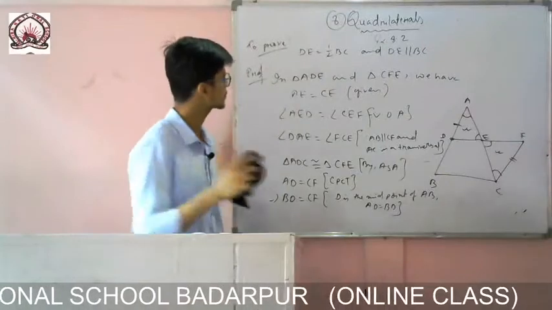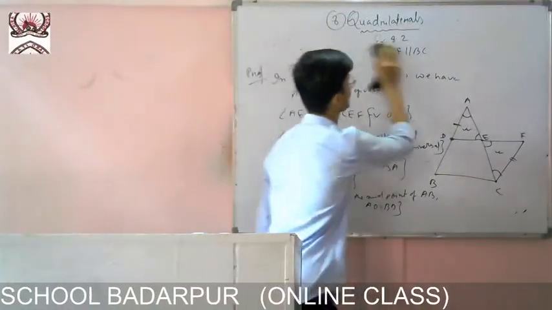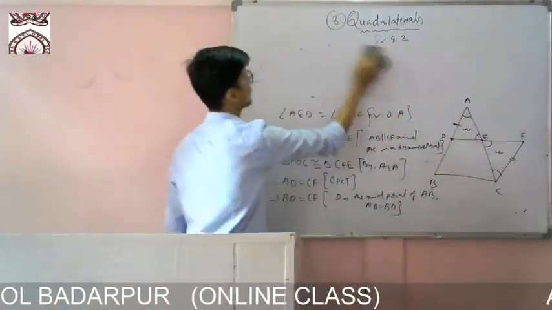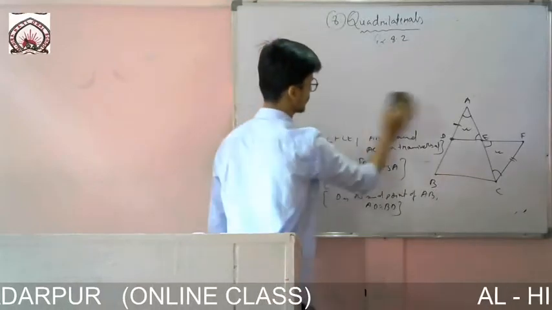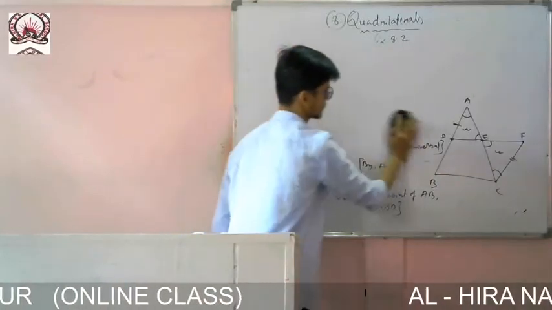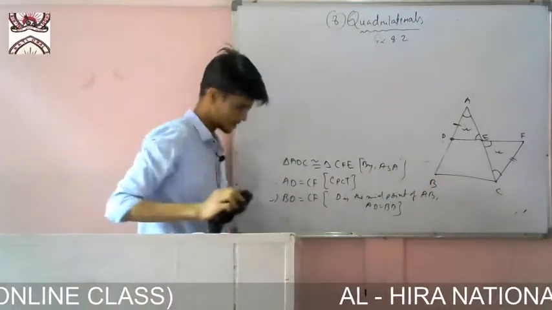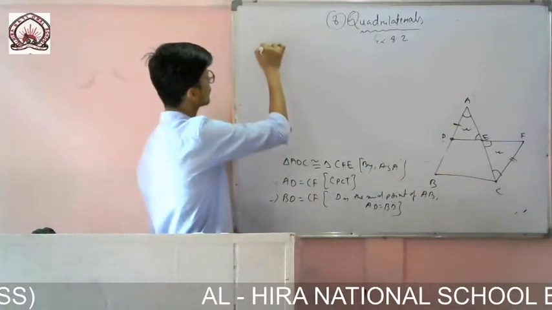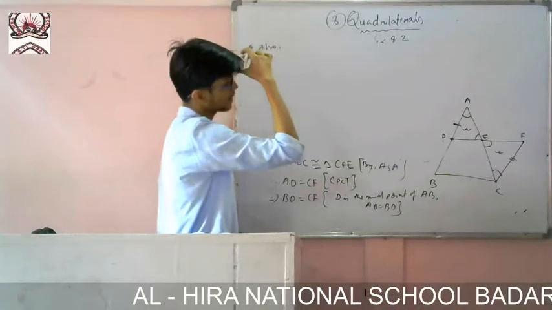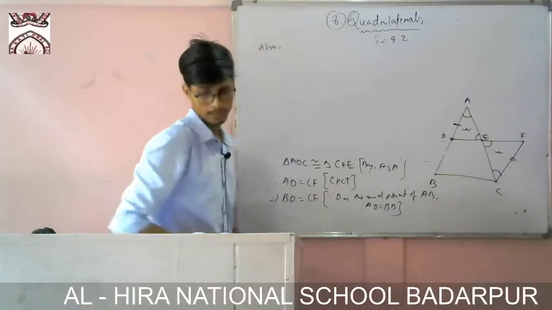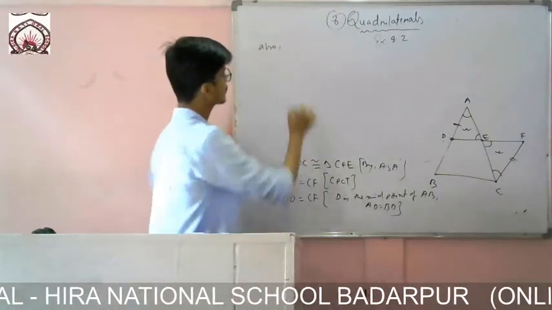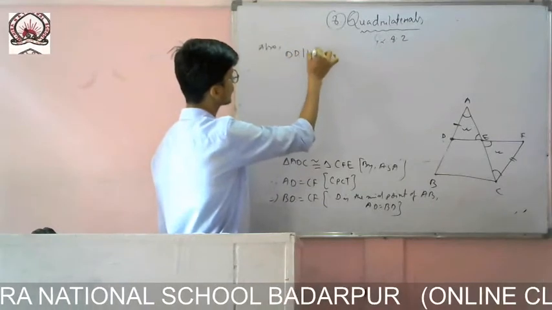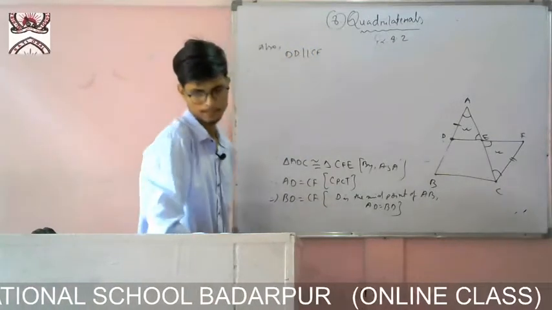Okay, let me write, then I will say. So BD is equal to CF, and also I can write that earlier I have shown that BD is parallel to CF.